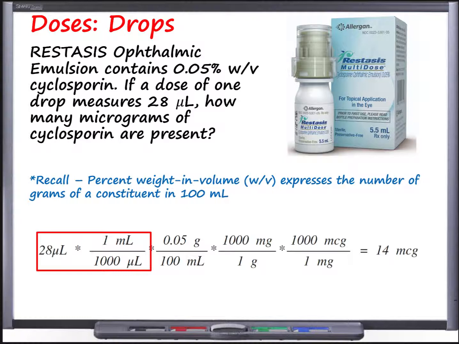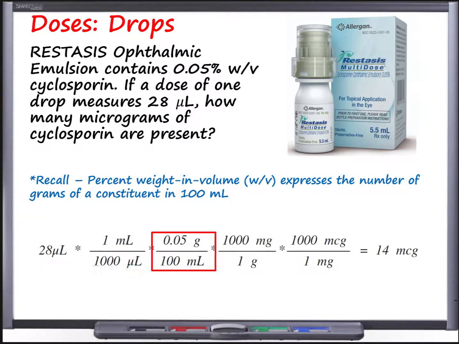So the first step is to convert my volume expressed in microliters into milliliters. So I took my 28 microliters and multiplied it by the conversion that for every 1 milliliter, there are 1,000 microliters. Therefore, the units of microliters will cancel, and I'll have a number in milliliters.